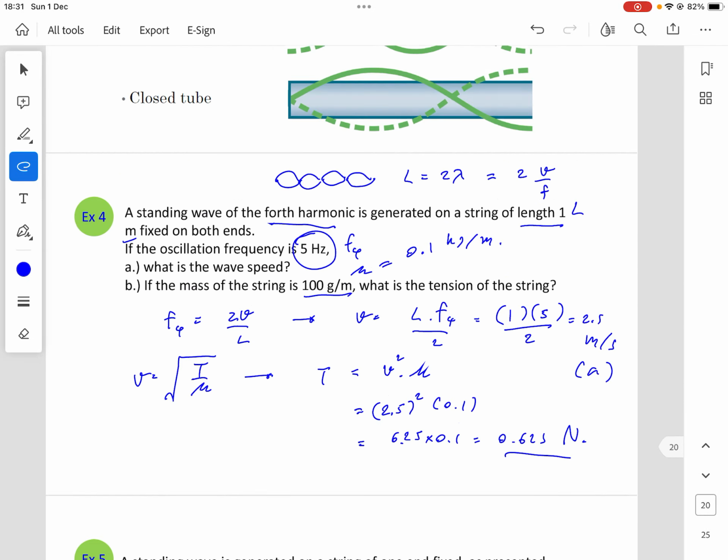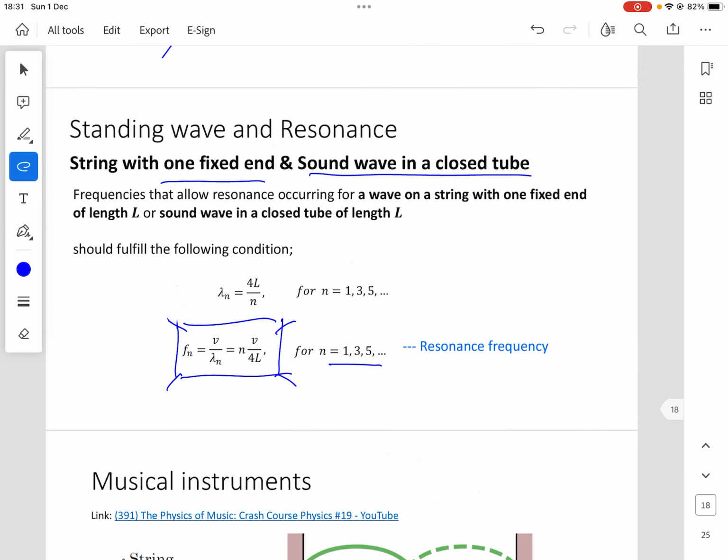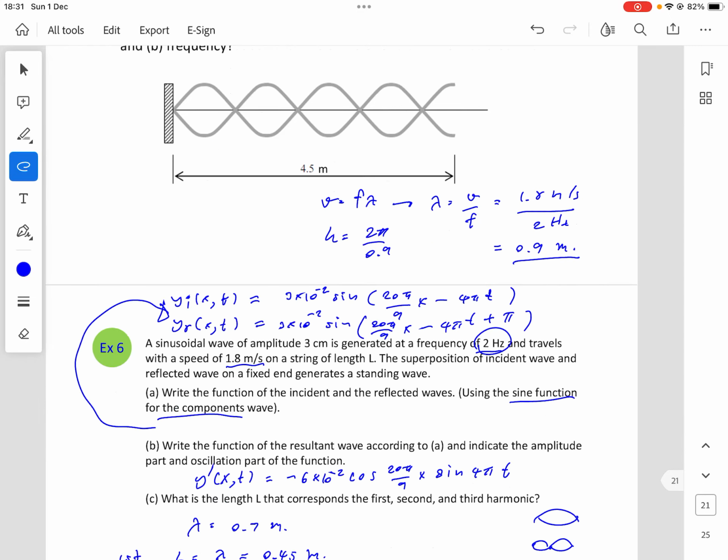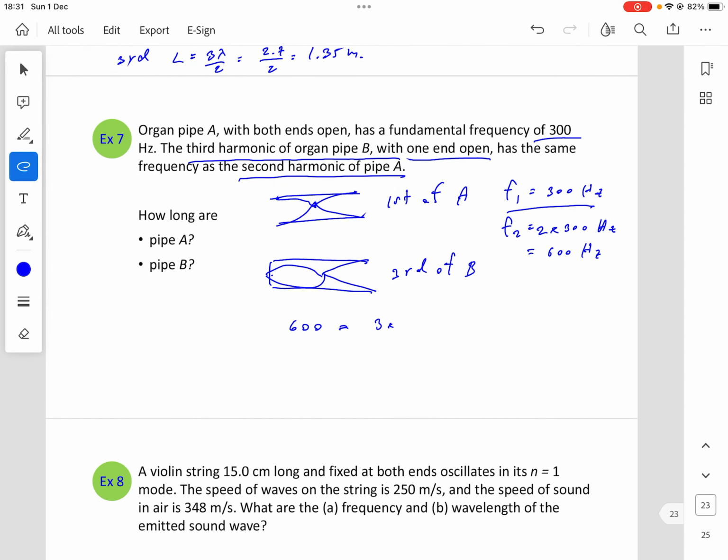I don't want to analyze from the beginning anyway. Just try to use the equation that we already have. So this is nV divided by 4L, right? And this L is something that we want to find, right?